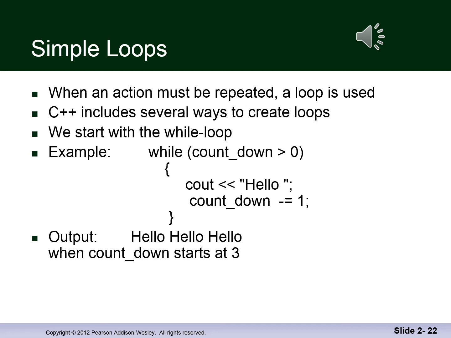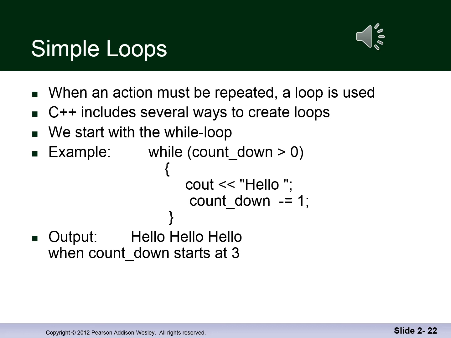While the variable countdown is greater than 0, so while that expression is true, execute cout hello. Obviously we've got a compound statement here because we have brackets. Cout hello, and then countdown minus equals 1. Remember, that's a shortcut that translates to countdown equals countdown minus 1.